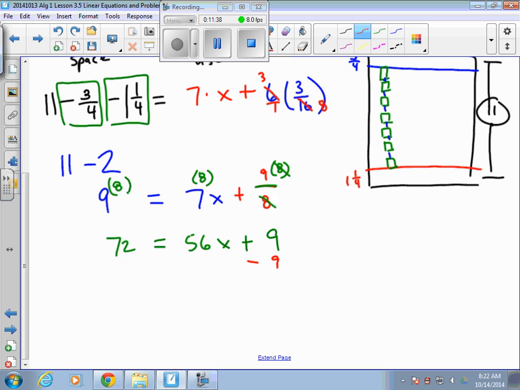Subtract 9 on both sides. 72 minus 9 is going to be 63 equals 56x. And then we're going to divide by 56 on both sides. And again, we're dealing with bigger numbers. Divide by 56 on both sides. Okay. So 63 over 56.